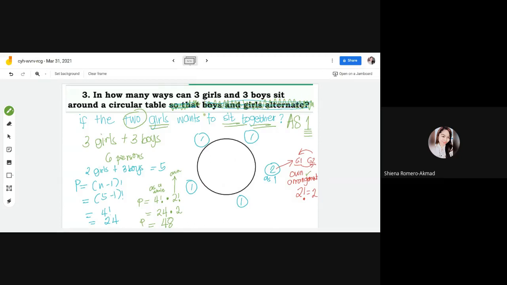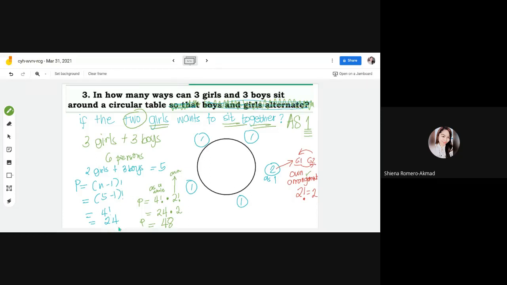Remember that they have their own arrangement. It is not 2 minus 1 because you do not assign who the starting point is among them. It is only as a whole. Why did I multiply it? Because it will give a different arrangement.